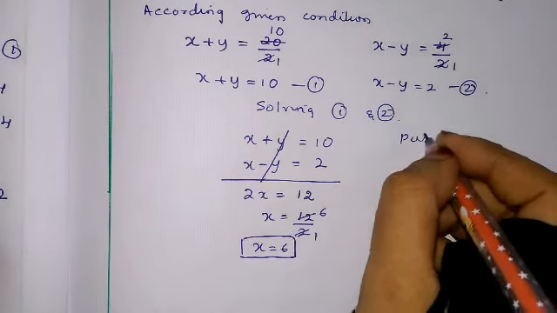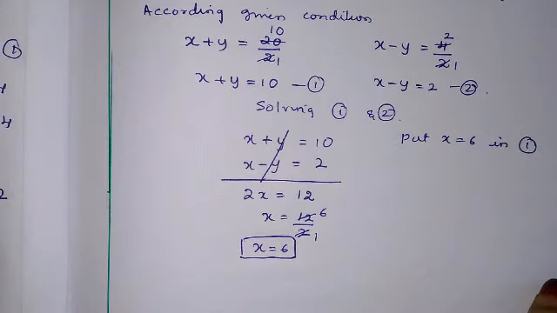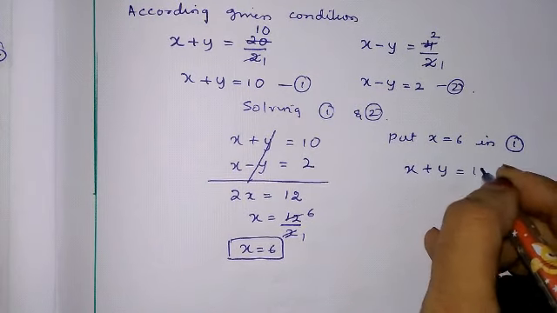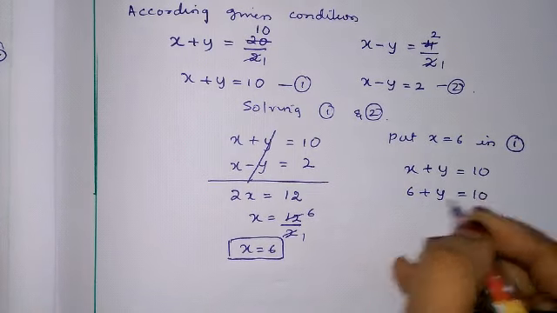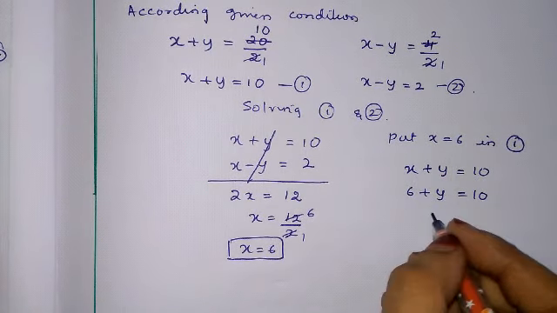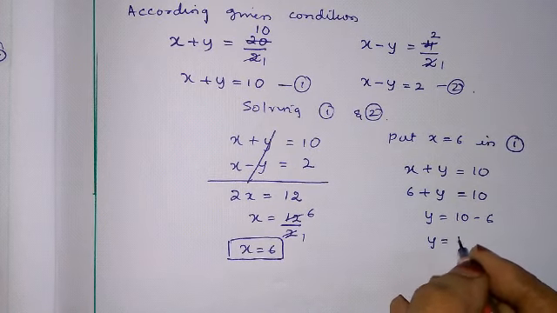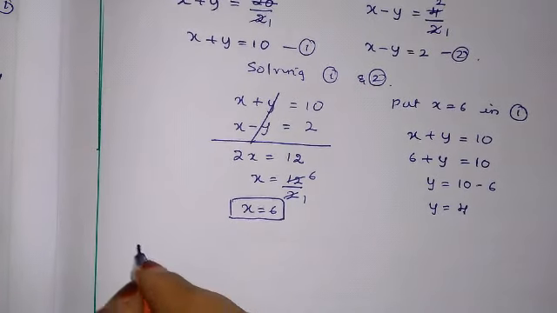Put x is equal to 6 in equation 1. x plus y is equal to 10. 6 plus y is equal to 10, with 6 in place of x. y is equal to 10 minus 6. y is equal to 4. So this is the statement we have to write.